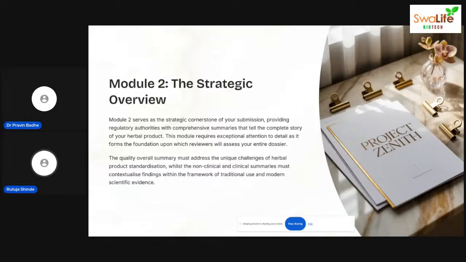For herbal medicines, the quality overall summary should address the challenges of standardization, while the non-clinical and clinical summaries need to link traditional use with modern evidence. So this module is often the first impression reviewers get. Clarity, consistency, and completeness here are crucial.